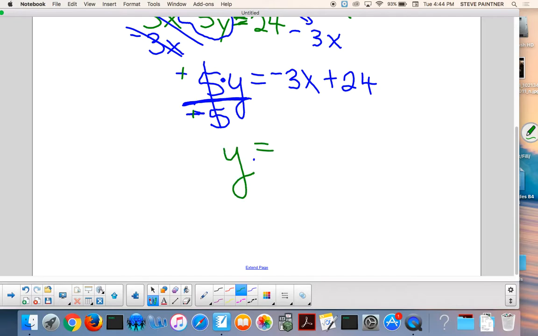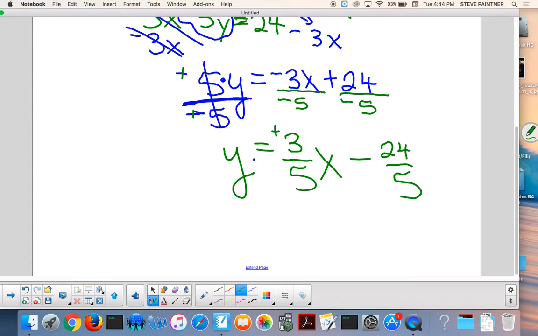But what you do to one side, you must do to the other side. So divide this side by negative 5. Divide everything by negative 5. Okay, so this becomes 3/5 x positive because negative over negative is positive. This becomes negative, and then this does not go in there very well. So it's 24/5.